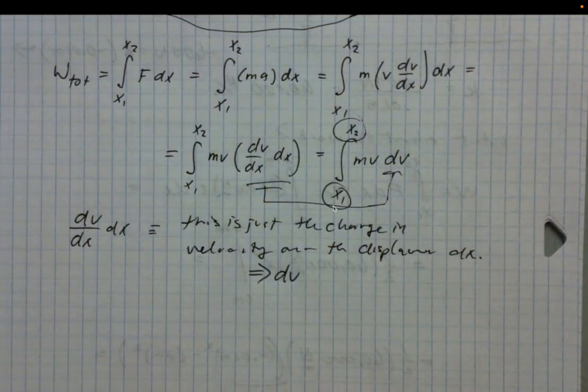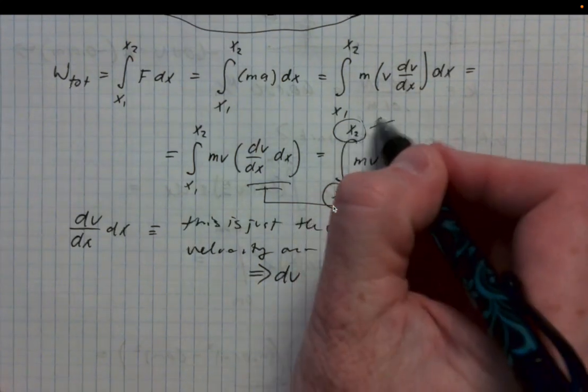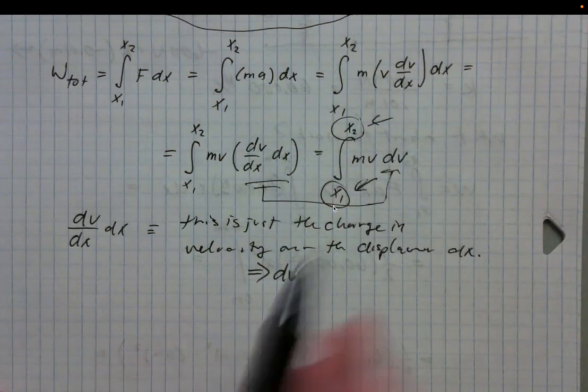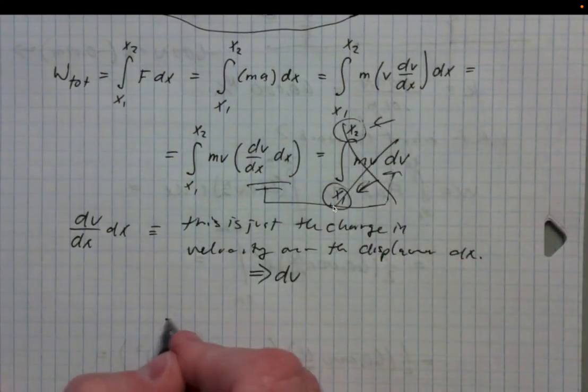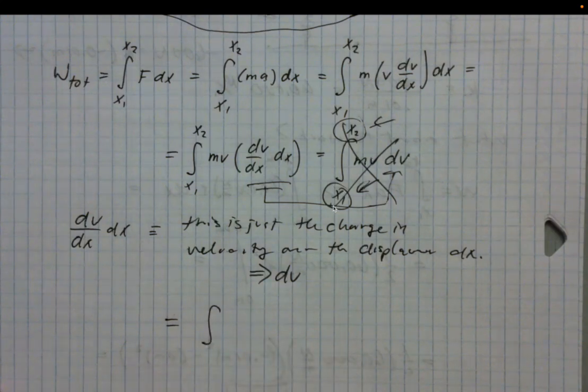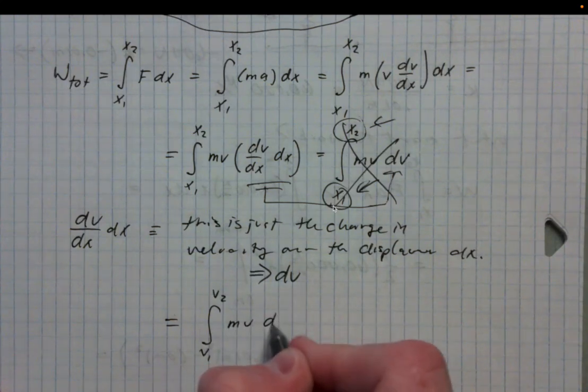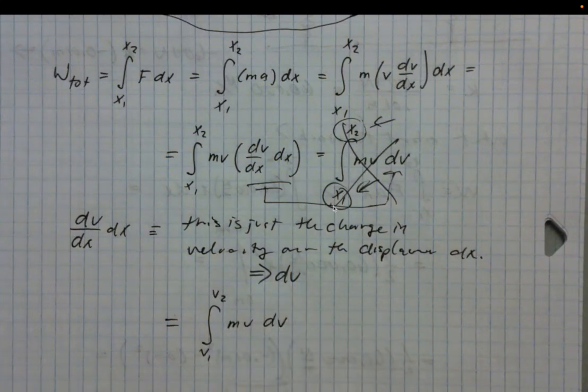I shouldn't plug a position into a function that's essentially about velocity. So my bounds need to be rewritten: I'll write the integral from the initial velocity up to the final velocity of mv dv. The nature of the integral changed, so I have to change my bounds. I can't use position.